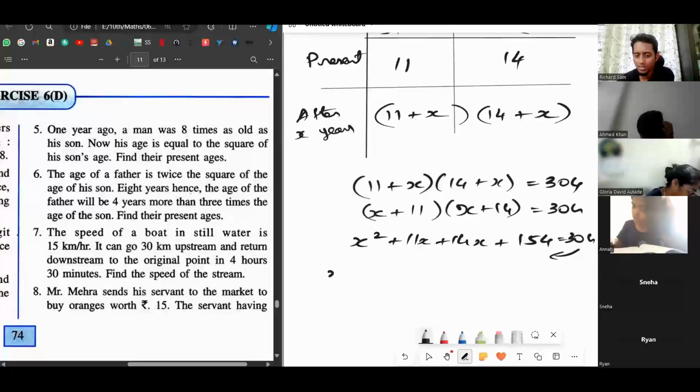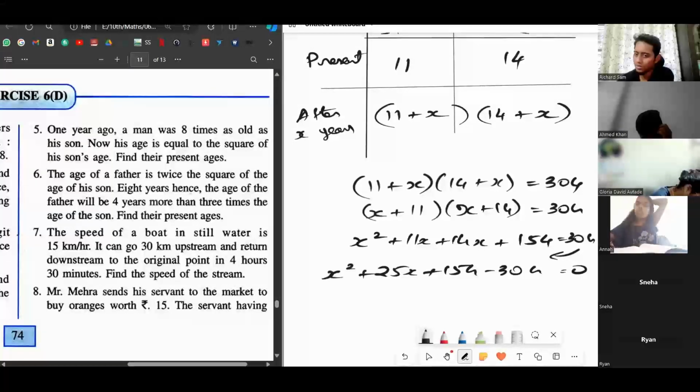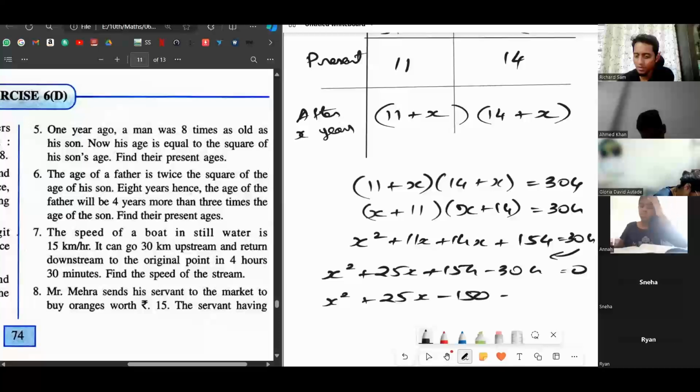Take the 304 to the left. So x squared plus 25x plus 154 minus 304 is equal to 0. So this is coming to 150, right? So x squared plus 25x minus 150 equal to 0.